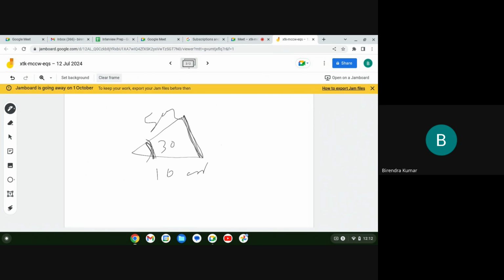If the angle is bigger, let's say 110 degrees, then this distance is a function of this angle. If the angle is 10 degrees only, then look at the third side. I think I got a better way to explain this.